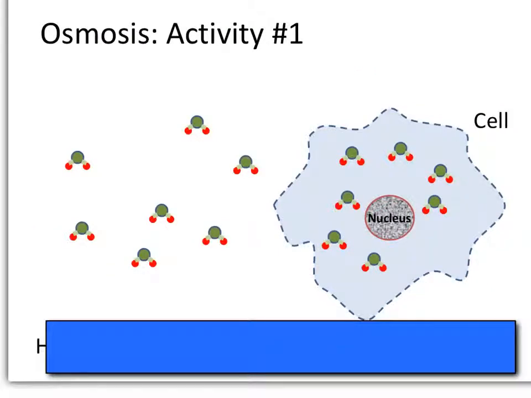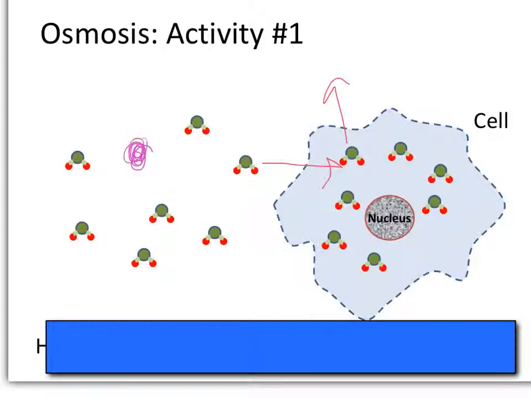So in this first situation, we have our same cell and we have our water molecules all throughout here, and we have equal amounts of water inside and outside the cell. Now remember, this water can go inside the cell if it wants to, it can leave the cell if it wants to. The water's free to go wherever it wants. Now we're also going to add some solutes.